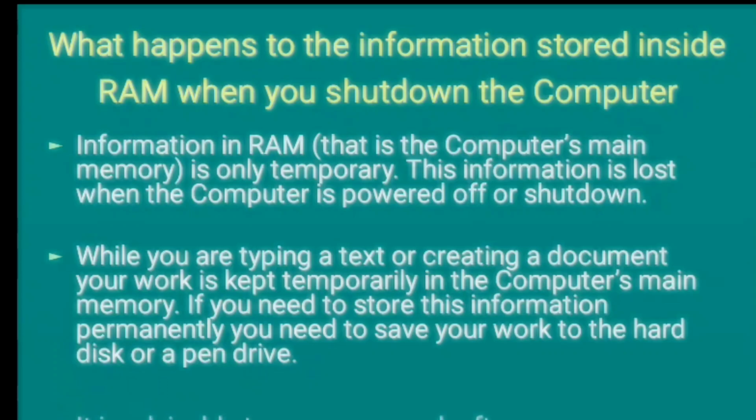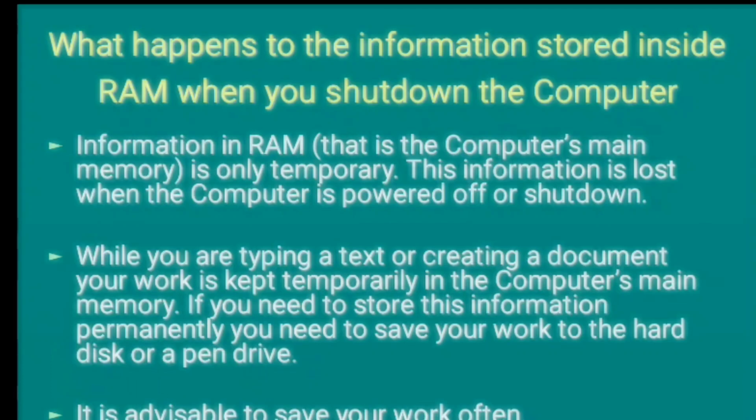What happens to the information stored inside RAM when you shut down the computer? Information in RAM, that is a computer's main memory, is only temporary. This information is lost when the computer is powered off or shut down.